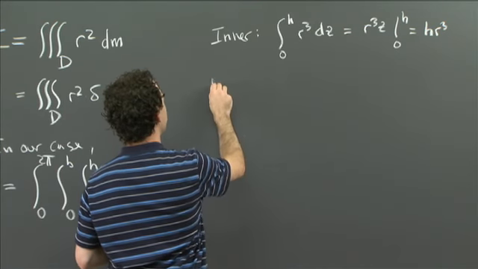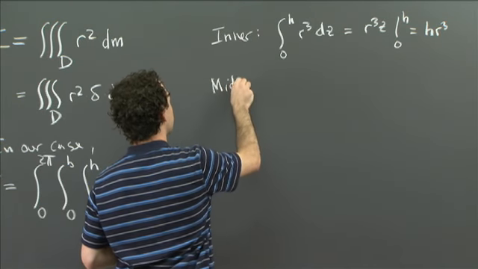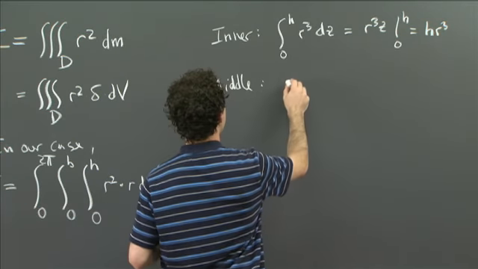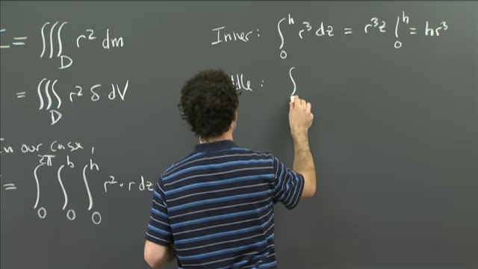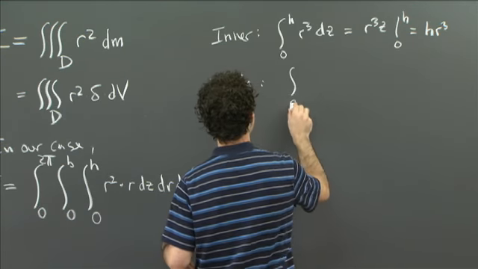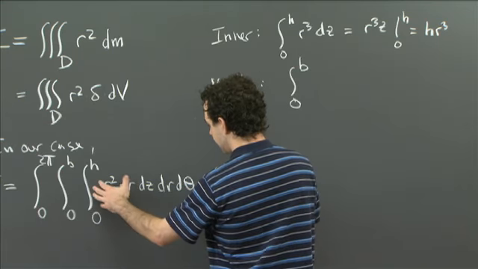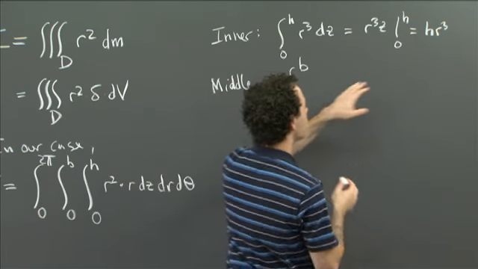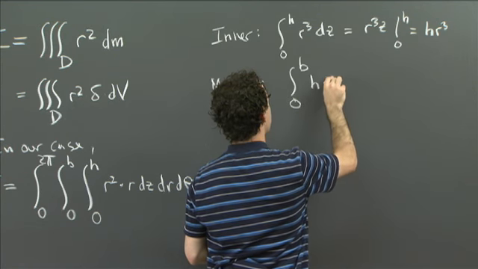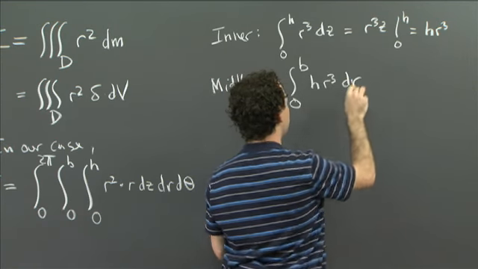So now let's look at the middle integral. This is our r integral, going from 0 to b. And what are we integrating? We're integrating the inner integral, which was hr cubed. So we're integrating hr cubed dr from 0 to b.